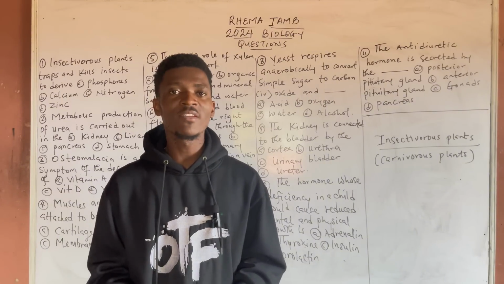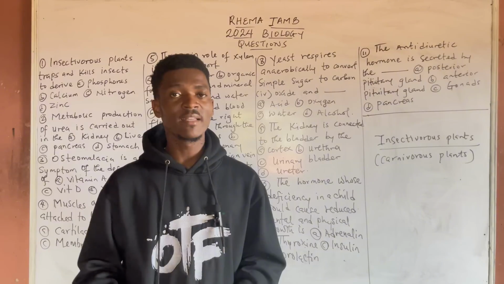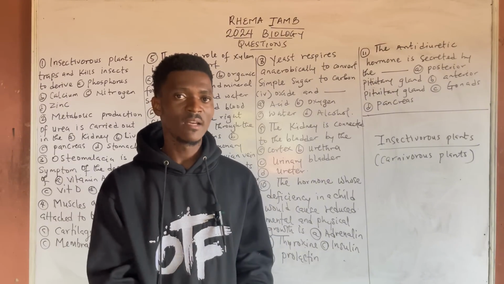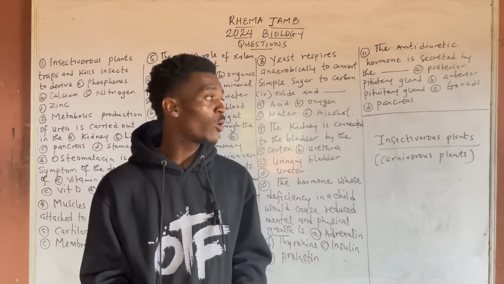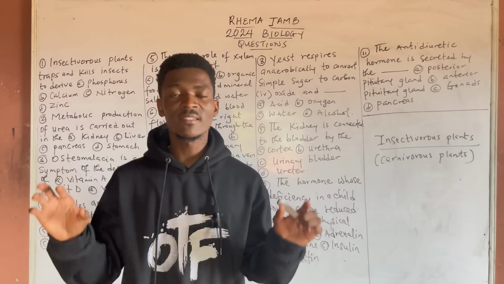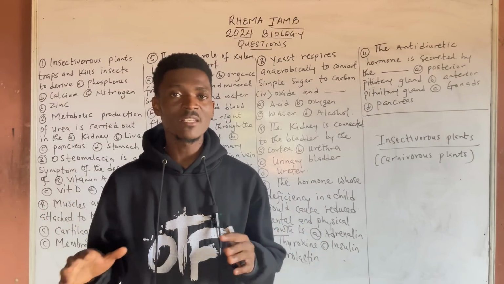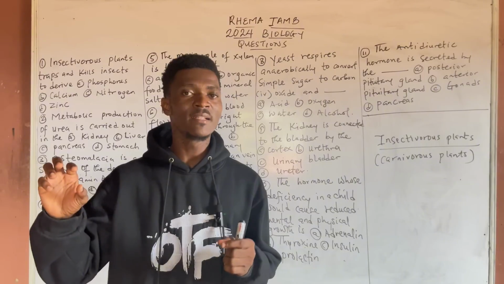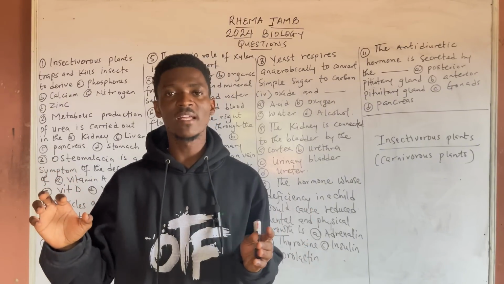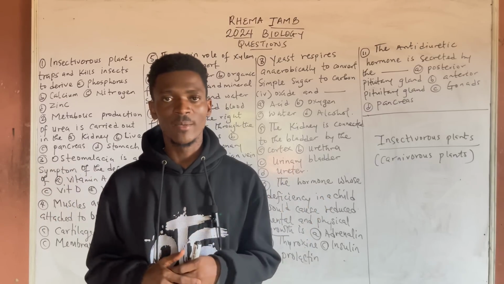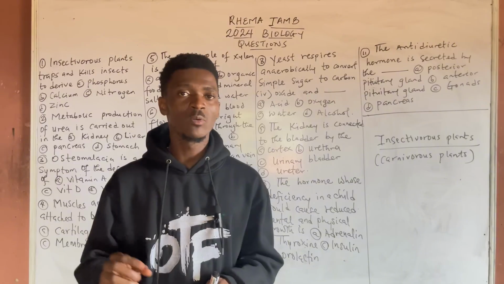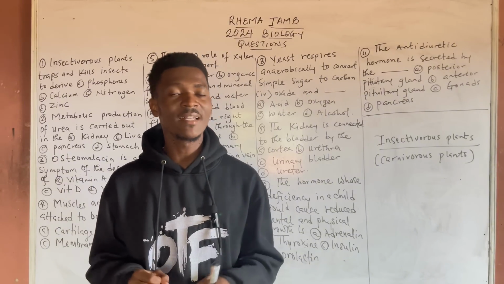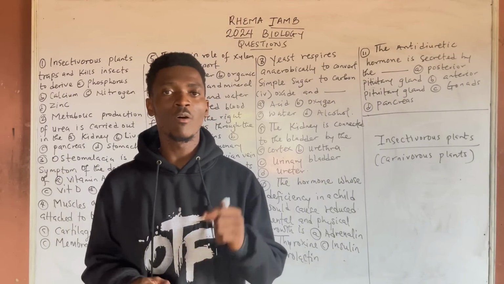So for them to have a supplement of nitrogen, they get it elsewhere, since it's not present in the soil. What they do is set traps for reckless flying insects, which get stuck to them. When the insect gets stuck, they derive nutrients, and that nutrient usually comes in the form of nitrogen.